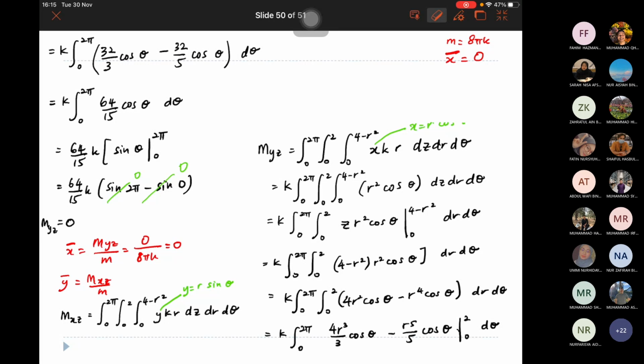So, settlekan dia punya integration. K boleh keluarkan sebab K adalah constant. R kuasa 2 sin theta, dz dr d theta. So, cuba settlekan. Dia punya ni lebih kurang sama je dengan yang before this.